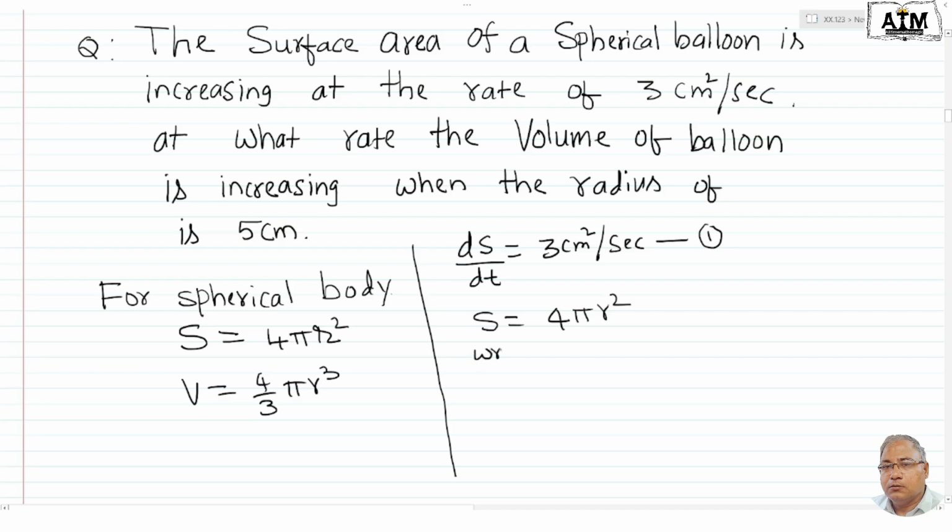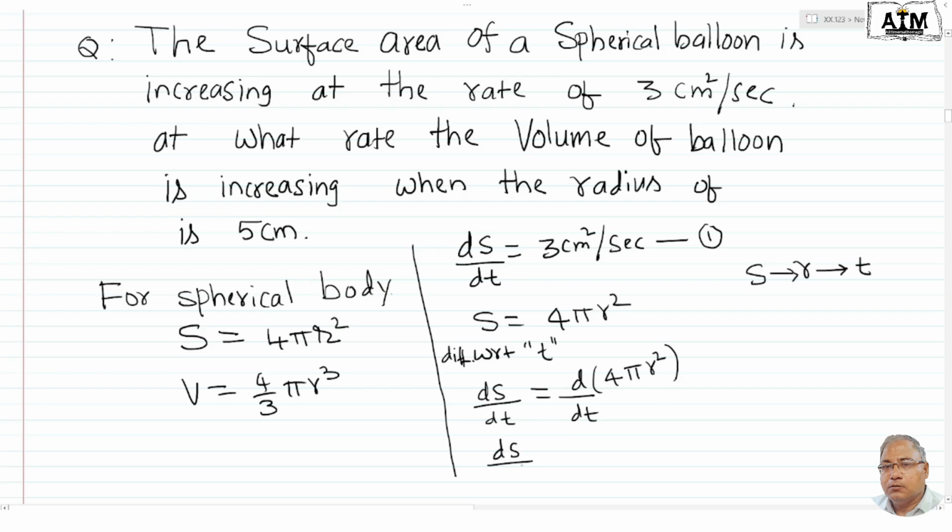differentiating with respect to time t. So differentiation of S with respect to t equals differentiation of 4 pi r square with respect to t. Since S depends upon r and r depends upon time, as the time is changing, the radius of the balloon is also changing.